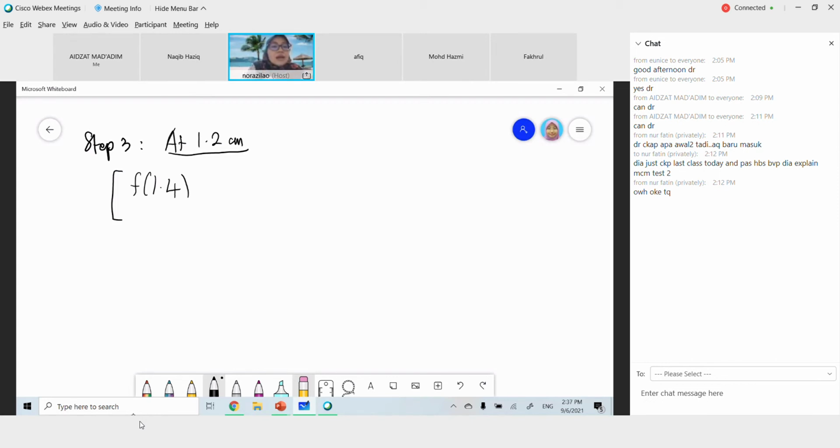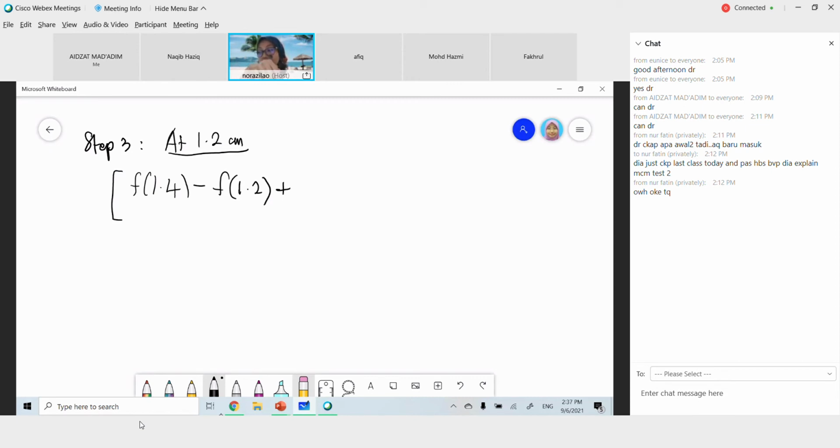Boleh? And then minus 2f(xi), so function 1.2, plus function i minus 1.